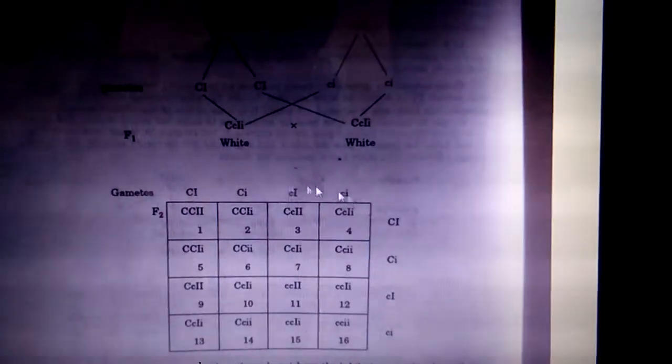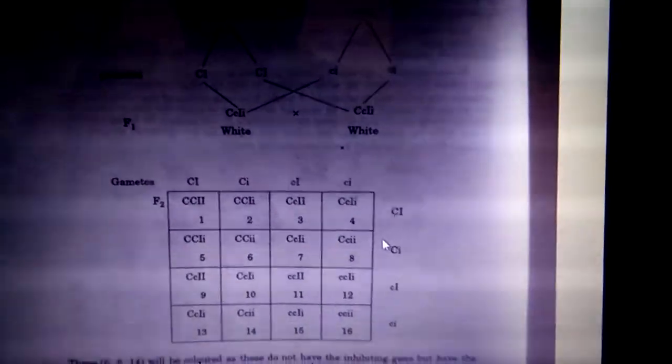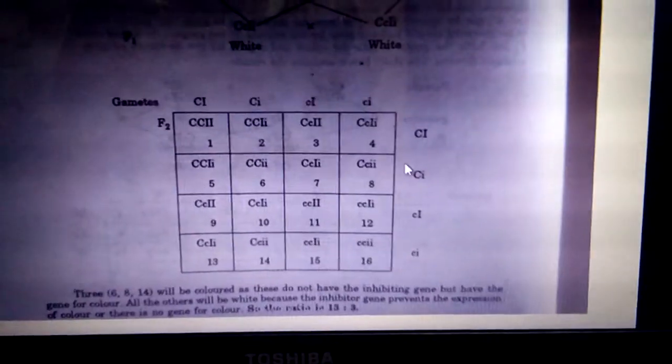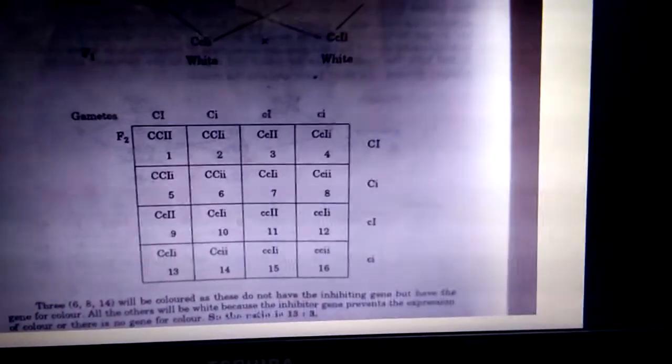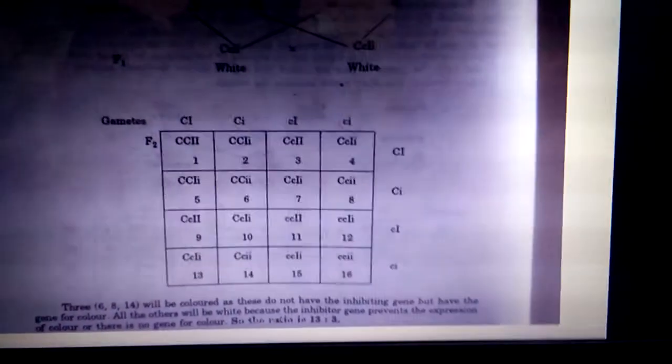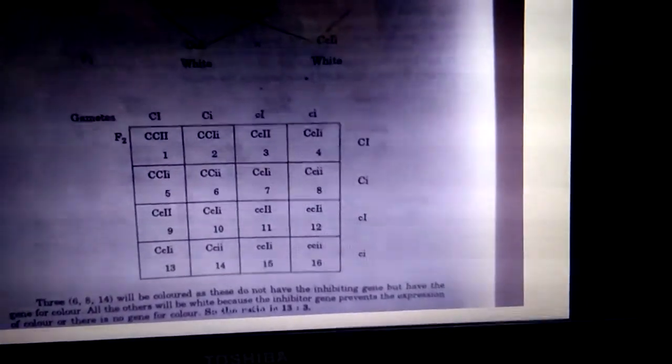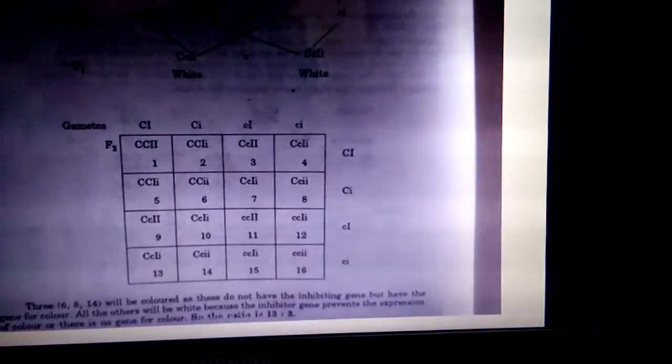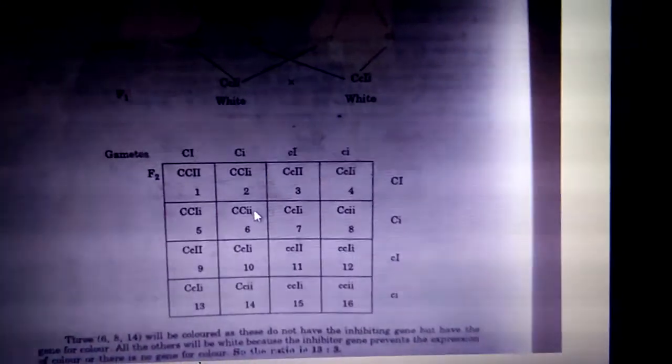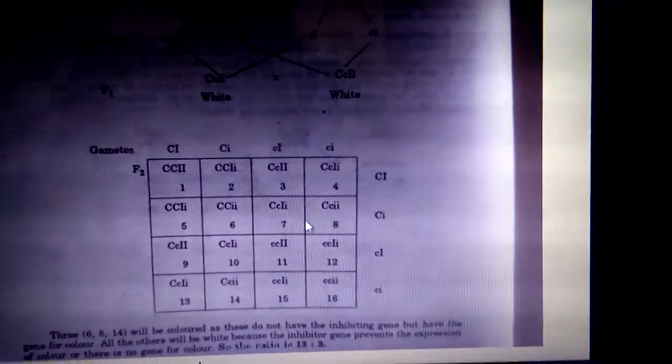So we can generate different gametes and explain this in a Punnett square, where we can see that 3 out of 16 will be colored. These 3 will be numbers 6, 8 and 14, because these three do not contain the capital I gene, that is, the inhibitory gene is not present, but capital C, the gene for color formation, is present.